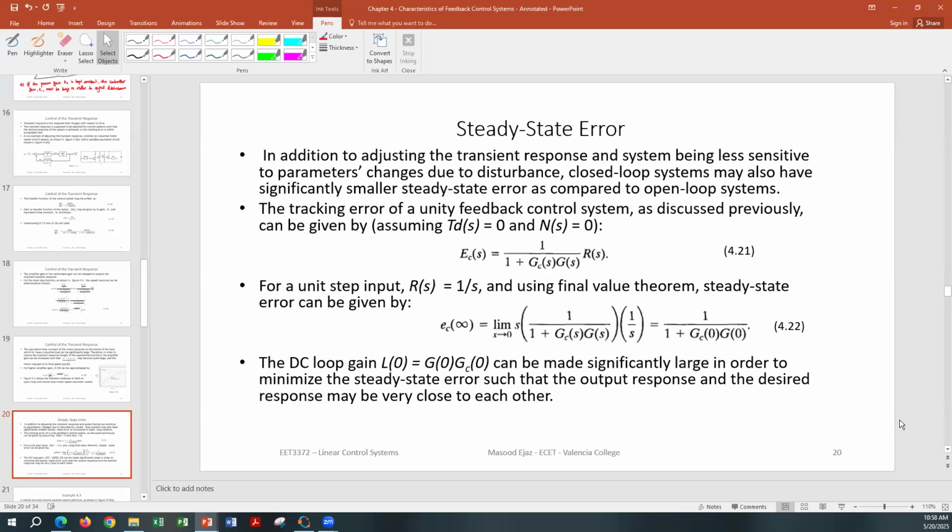Or in other words, 1 over 1 plus the value of the loop gain at 0. So the DC loop gain: remember, s equal to 0 means that frequency is 0, s is frequency, so you have the DC value at s equal to 0. So the DC loop gain L_0 can be made significantly large in order to minimize the steady state error, such that the output response and the desired response may be very close to each other.